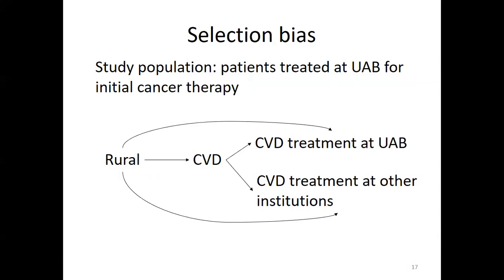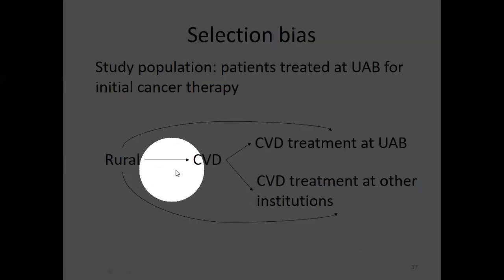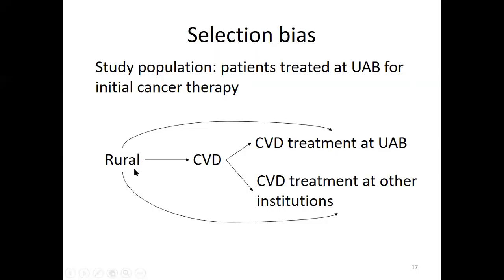And we can say, okay, rural residents and CVD. There we go. So, right, this is the relationship that we're interested in. The problem comes in if we're using UAB medical records to capture CVD, we're going to get only those people with CVD who are treated at UAB.